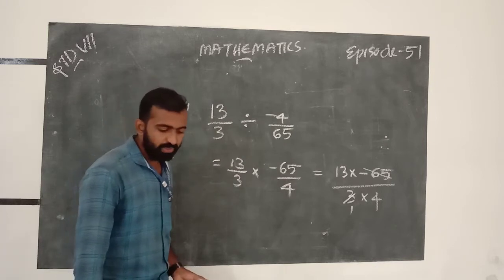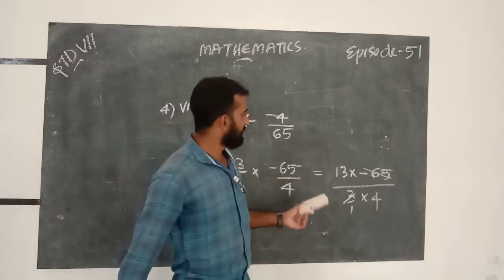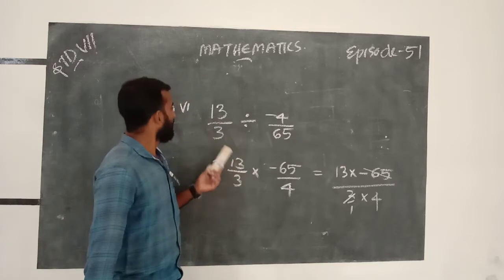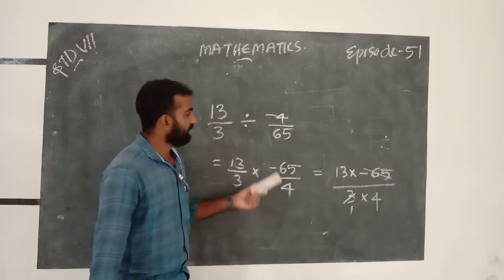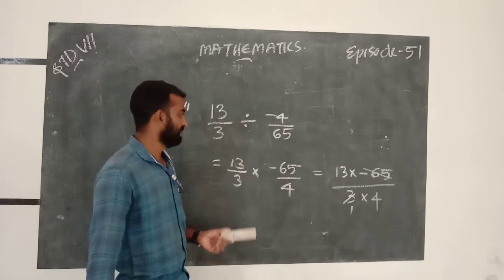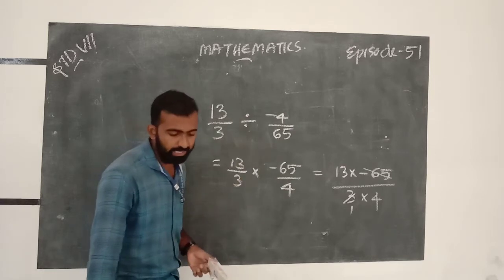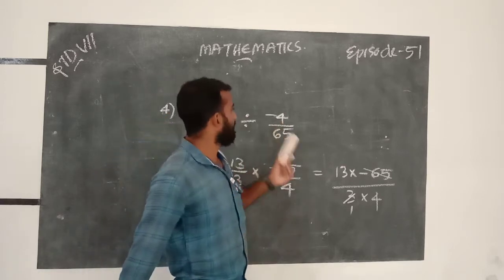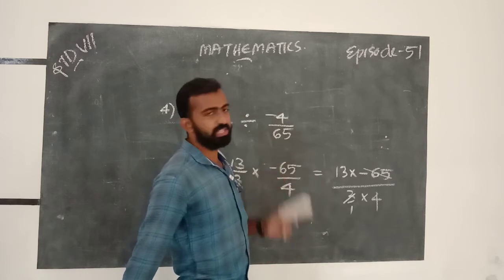No. Here it is 13 by 3 divided by negative 4 by 65.